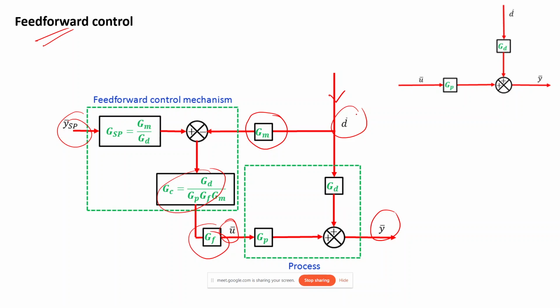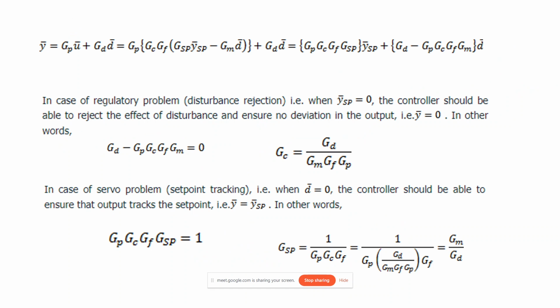So over here, we need to have this accurate process model in order to calculate the control action that is to be provided to the process. So that is the main difference between feed forward and feedback. Similar to the feedback law, we will be generating the equations for this feed forward.